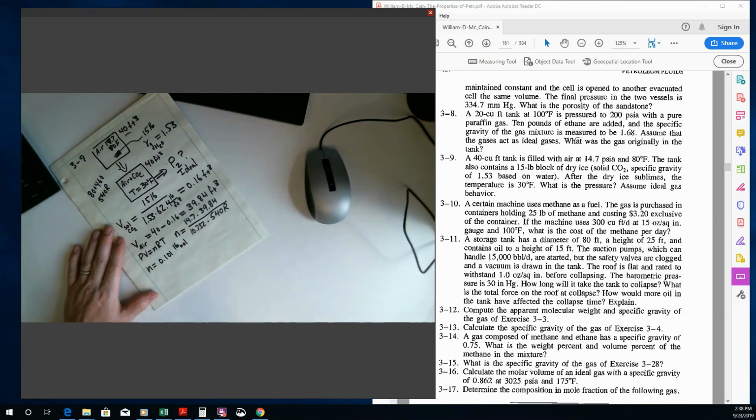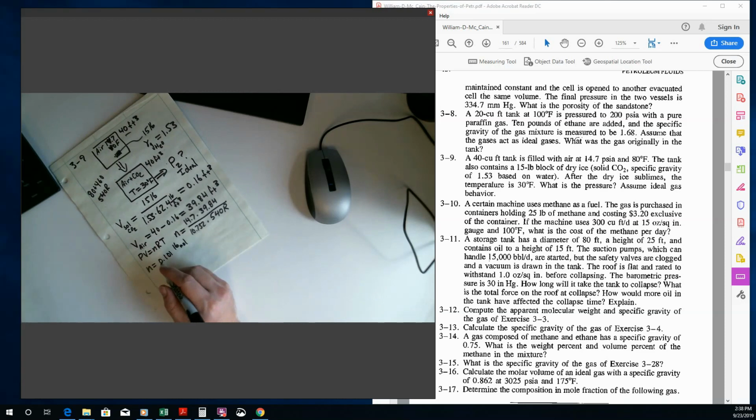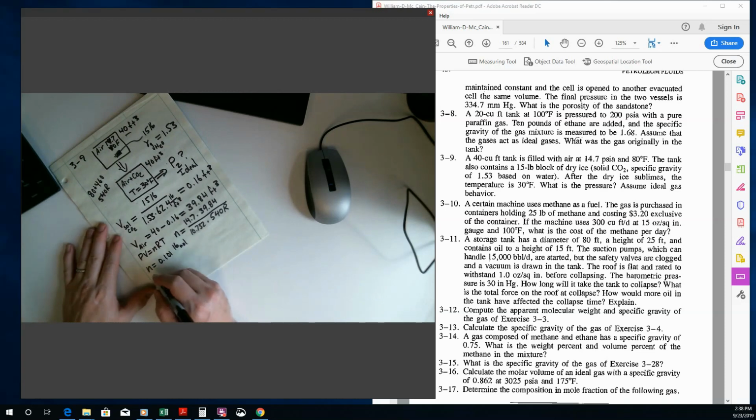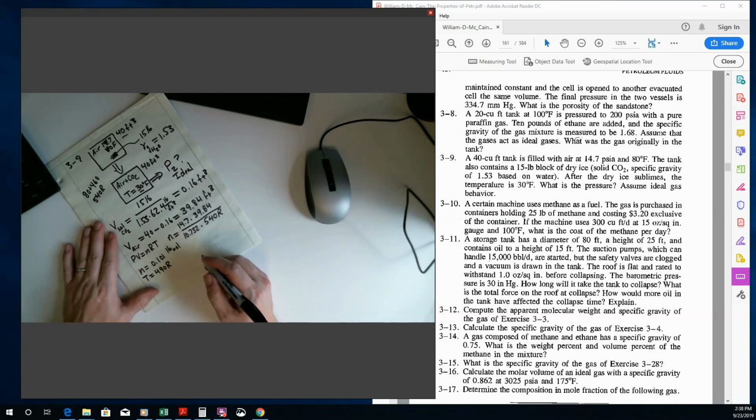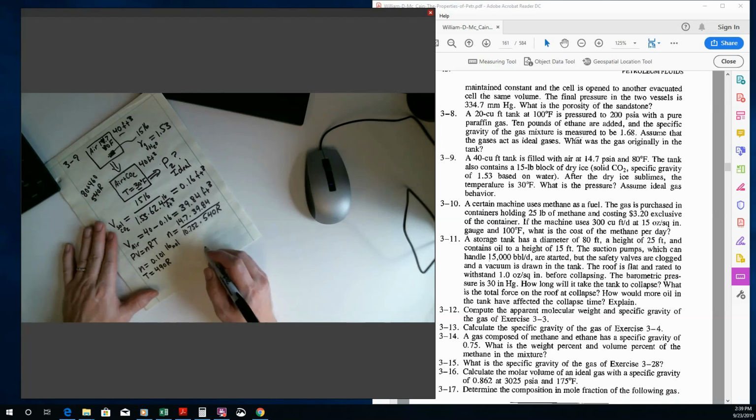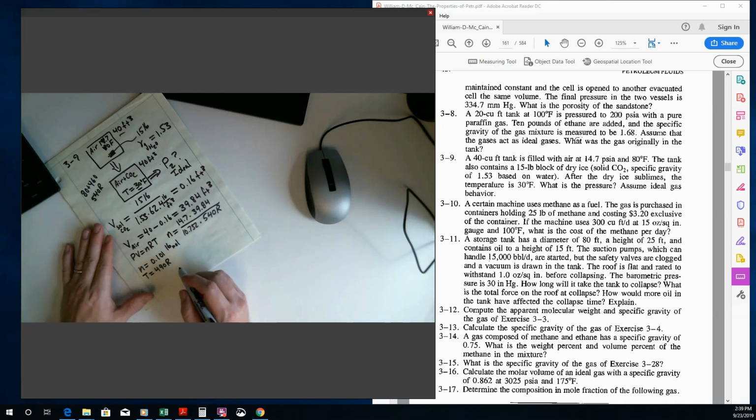So now, when we chill this down, T drops down to 30 Fahrenheit, which is 490 R. We can do the calculation. We know how many moles of air we got. So now we need to look at the mixture.